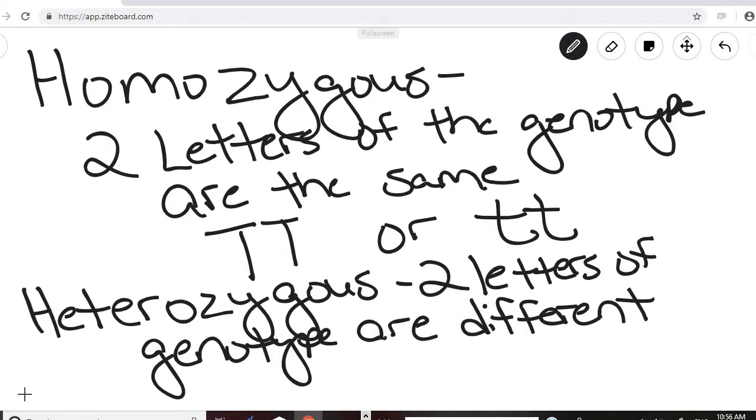So a heterozygous would be big T, little t.